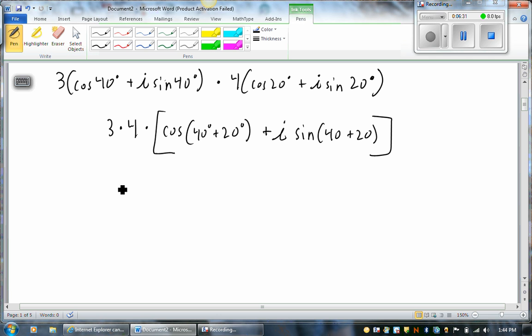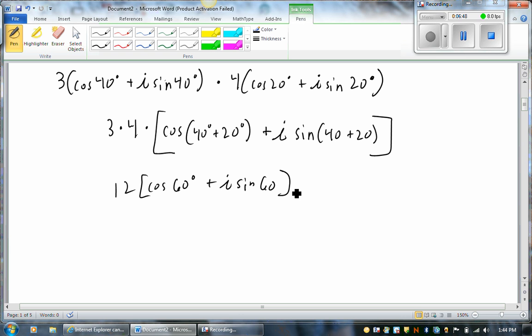Okay, and now we'll just go through and simplify. We have 12 cosine of 60 plus i sine 60.